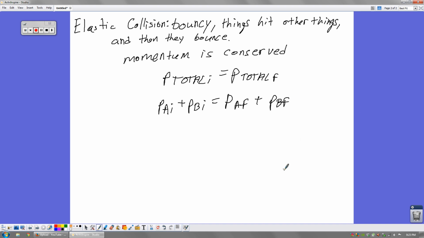Which means, using our nifty equation, this is the big one, the momentum of thing A before the crash plus the momentum of thing B before the crash must equal the momentum of thing A after the crash plus the momentum of thing B after the crash.